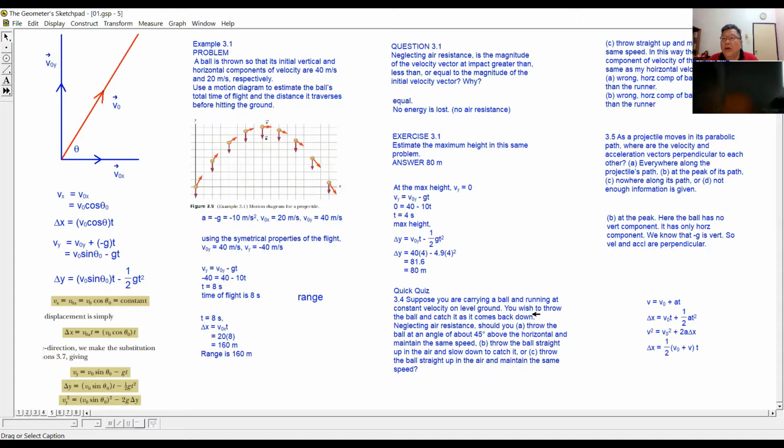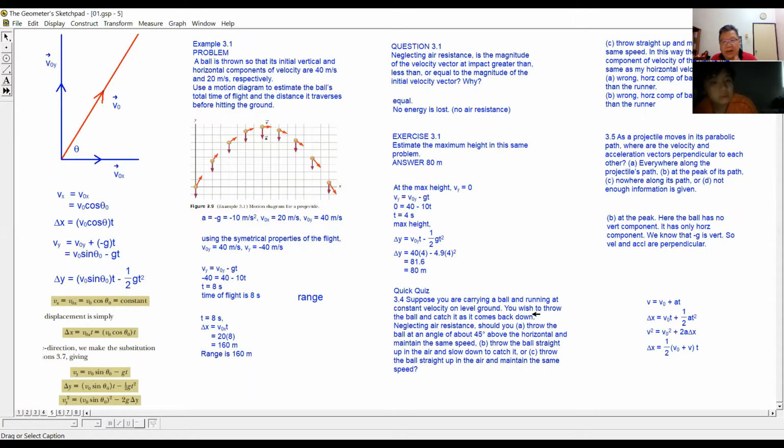So you want to throw a ball up in the air while running at the same time, and catch the ball again without stopping. Should you run faster, slower, or maintain the same speed in order to catch the ball?